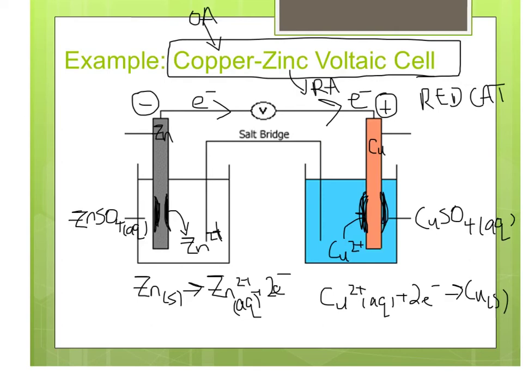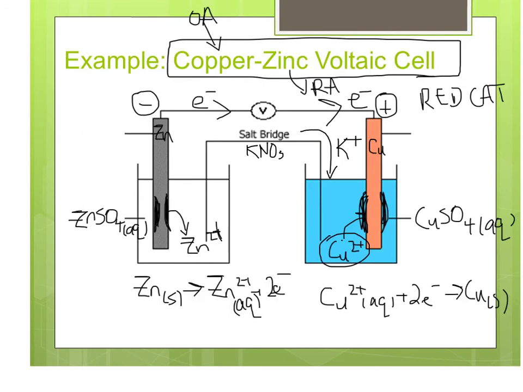The last thing that we need here is to talk about the salt bridge. Like we said before, this is usually an inert salt. Let's take, for example, our salt here is potassium nitrate. Now, at our cathode, we are losing our positive charges because they're being transformed into solid copper. So the positive ions of the salt in our salt bridge are going to come into this solution and try to restore the charge.